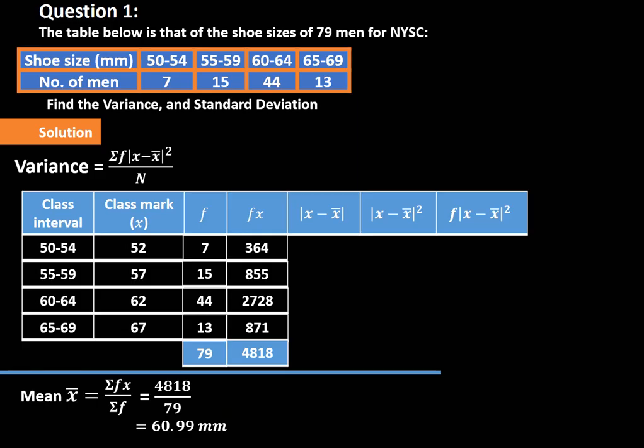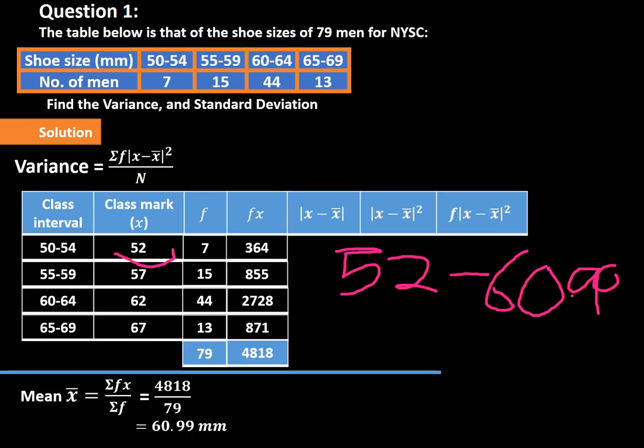So that's my mean. So I'm going to be going ahead and doing x minus x bar, meaning I'll be taking each of the x's. I'll be doing 52 minus 60.99, because my mean is 60.99.